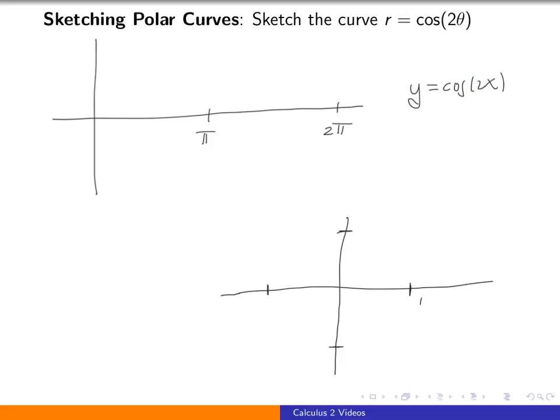Note the 2 inside is going to change the period of cosine from 2 pi to pi.